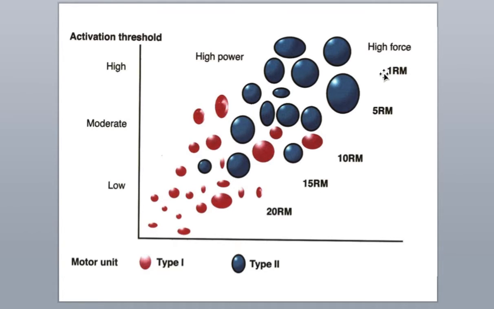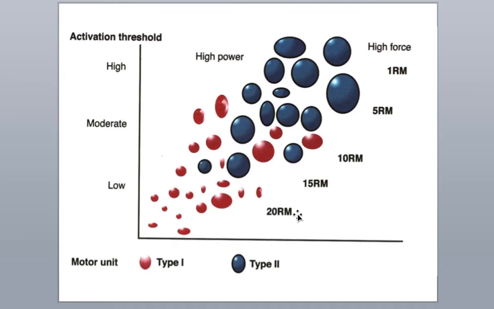All the way up at the top, you have 1 repetition max. And you have the activation threshold, basically the activity or the activation of those muscle fibers. So again, type 1 muscle fibers are going to be used for low repetition maximums, or basically at the beginning of a lift or exercise.